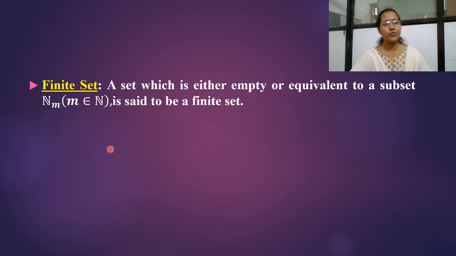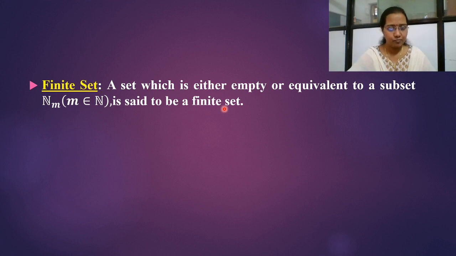Now what is a finite set? By the name you know that finite means there must be limited elements, or that set may be empty. A set which is either empty or equivalent to N_m, m belongs to natural numbers, is said to be a finite set. What is a finite set?